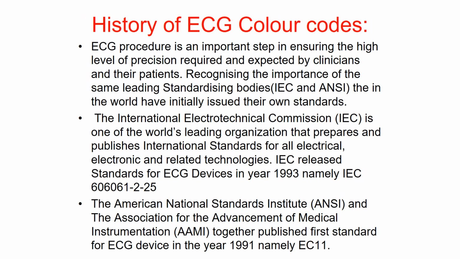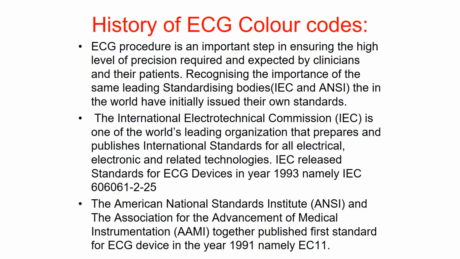History of ECG color codes. ECG procedure is an important step in ensuring the high level of precision required and expected by clinicians and their patients. Recognizing the importance of the same, leading standardizing bodies, IEC and ANSI, have initially issued their own standards. The International Electrotechnical Commission, IEC, is one of the world's leading organizations that prepares and publishes international standards for all electrical, electronic, and related technologies.